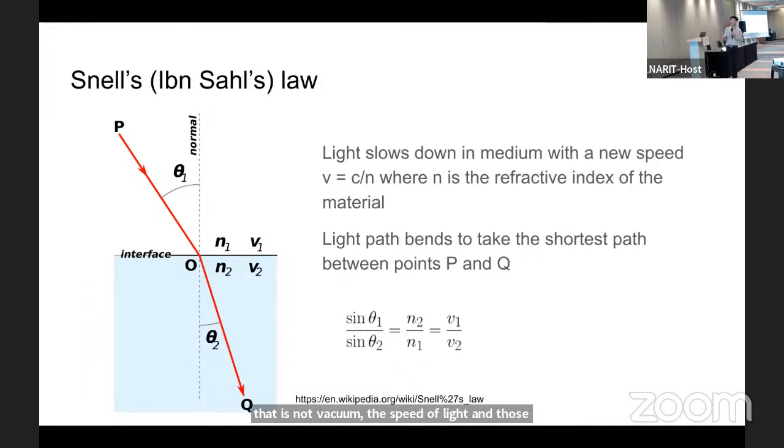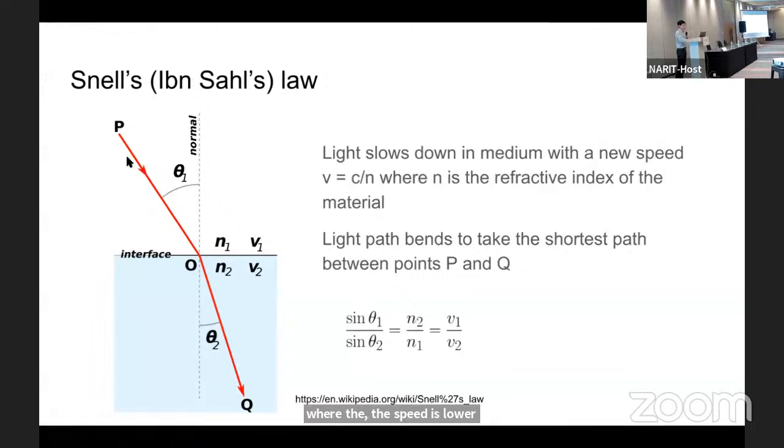And because of this, the path that it actually takes is the one that balances out the distance it can travel in the material where light travels faster with the distance where the speed is lower.